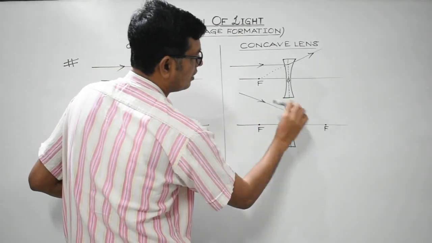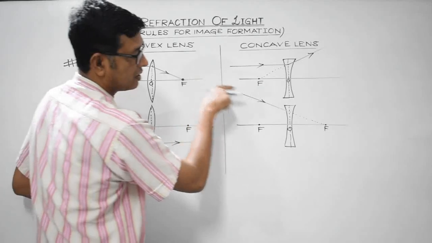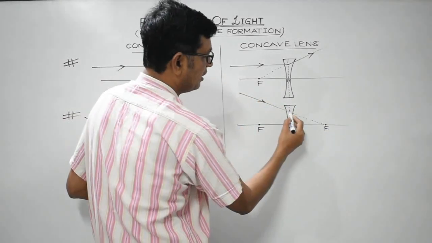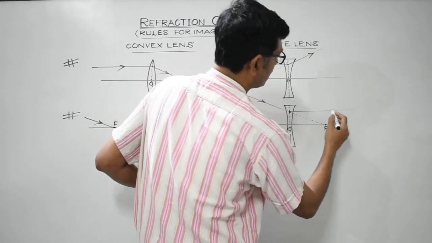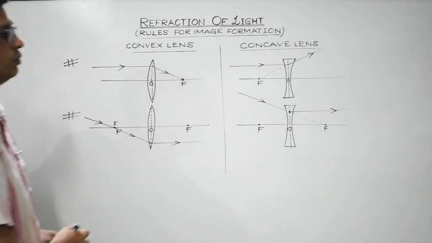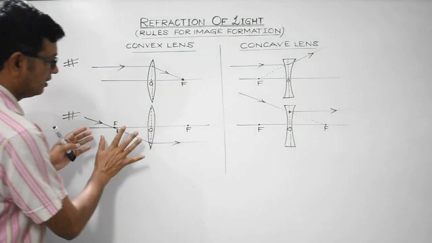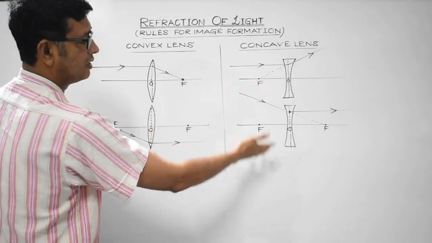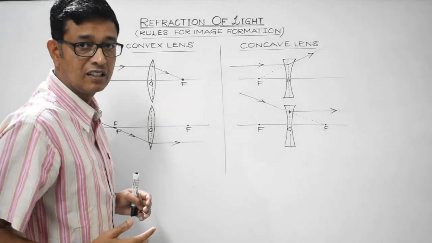Suppose this is the ray which is passing through the focus. If it is produced, then it will be passing through the focus. But obviously here it will get refracted. So here what happens is, it will become parallel to the principal axis. This is the rule, basically, right? So again I repeat, in this case, both the rules are vice versa of each other, and it's applicable for both convex lens as well as for concave lens.